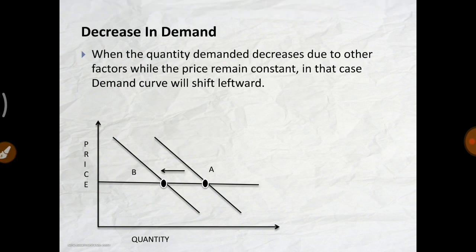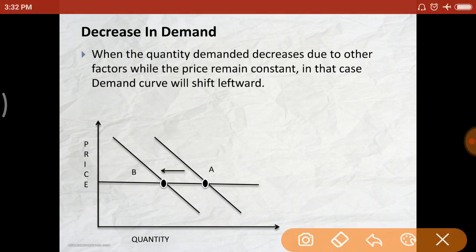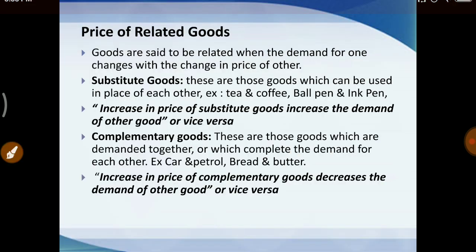Same, यहाँ पे again price constant रहता है, only change is there in the other factors of the commodity. You can see there will be a new demand curve arising here, means your demand curve will shift to left. In increase, the demand curve shifts to right, or I can say a forward shift in the demand curve happens in increase, and in decrease, a backward shift happens in the demand curve.